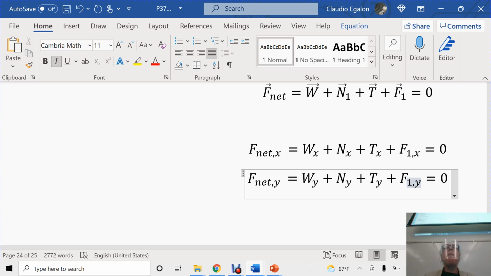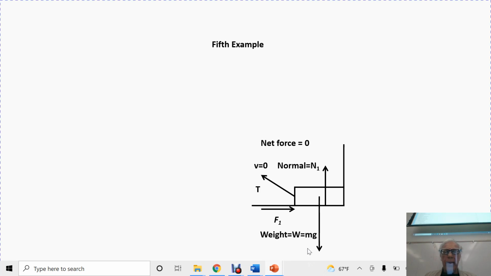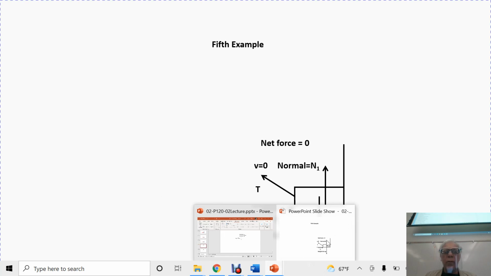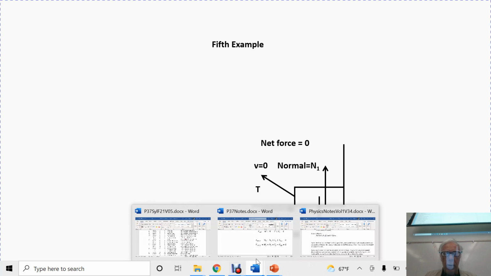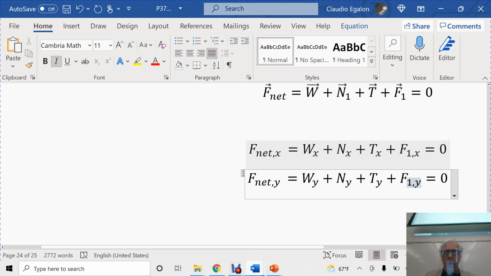Right? Now let's go back here to the drawing. Do we have an x component of the weight? Yes or no? No, right? Take a look. If you put the x component as being the horizontal axis, there is no x component for the weight. So here you go, I'm going to put 0 here.